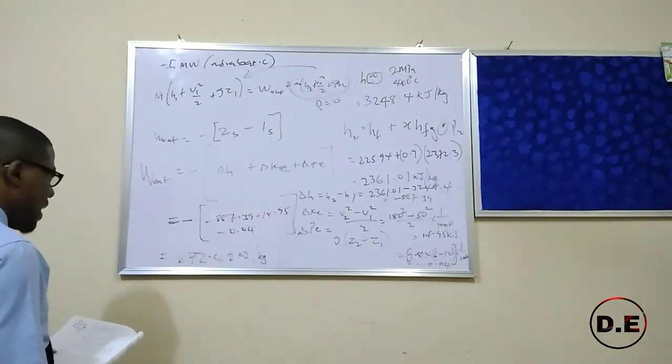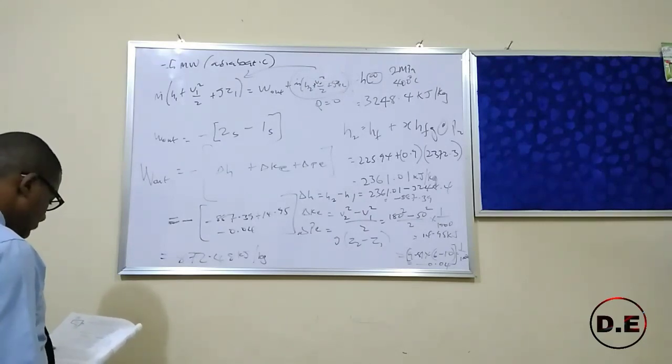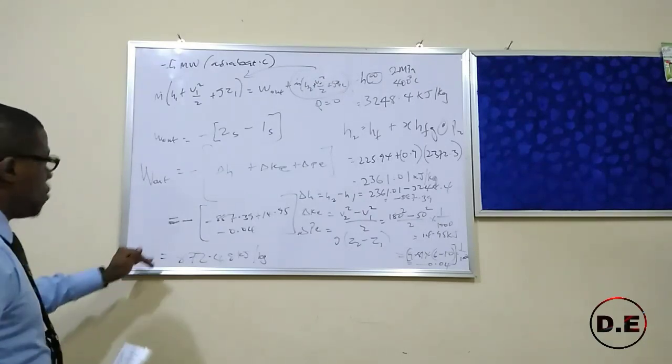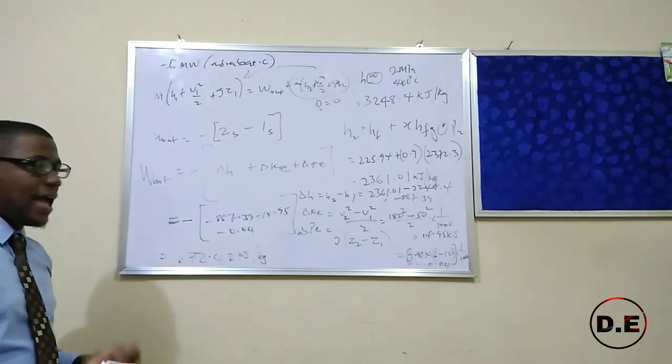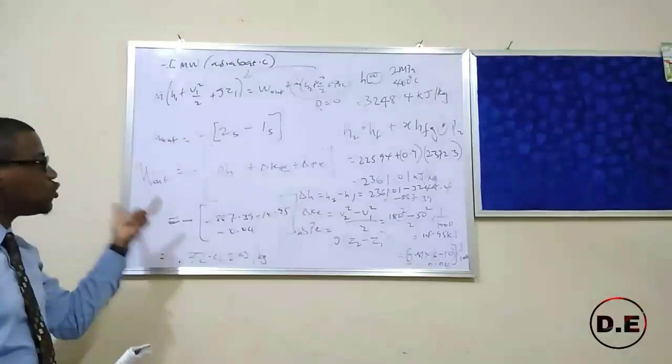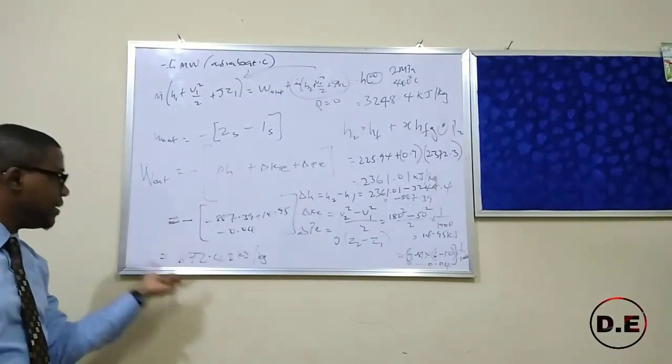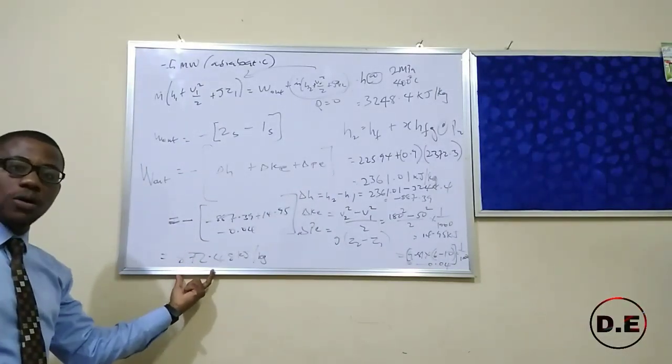Now, having that, how do we get the mass flow through the turbine? I can get that by taking the total work output of the turbine and dividing it by the specific work of the turbine.